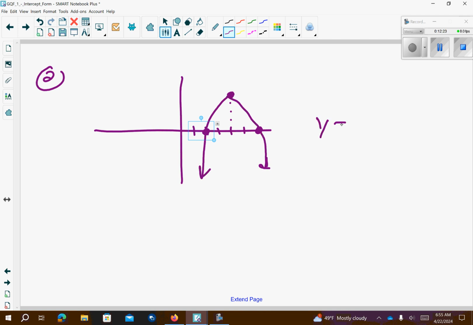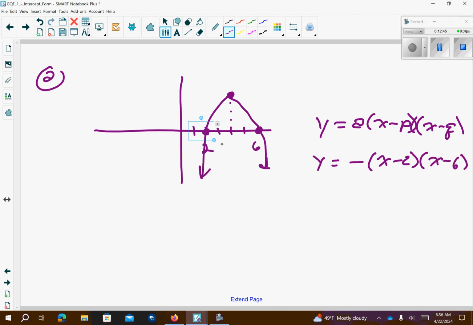Again, we have this equation that we're going to take a look at, x minus p and x minus q. The only thing that you need to know about this is that the a value is going to be negative. It's opening down. And if that happened at 2 and that happened at 6, I'm going to do opposite values here. So that's going to be x minus 2 and x minus 6. Notice they're opposite. Even though they're positives here, they'll be negatives here. So this is our equation.